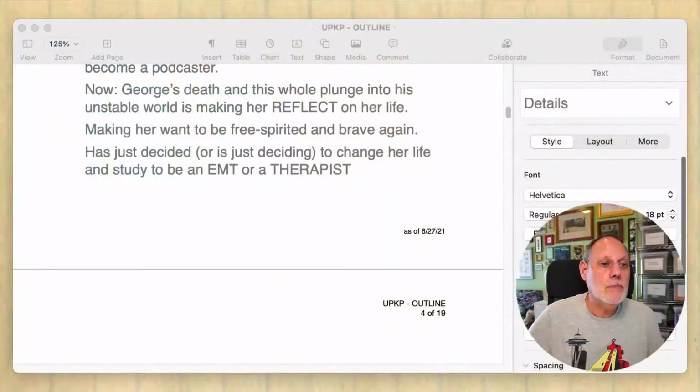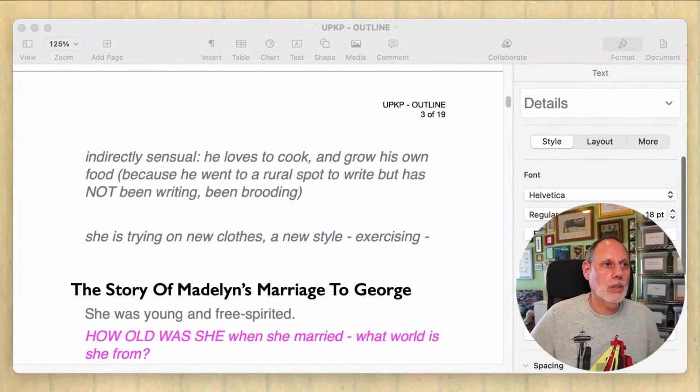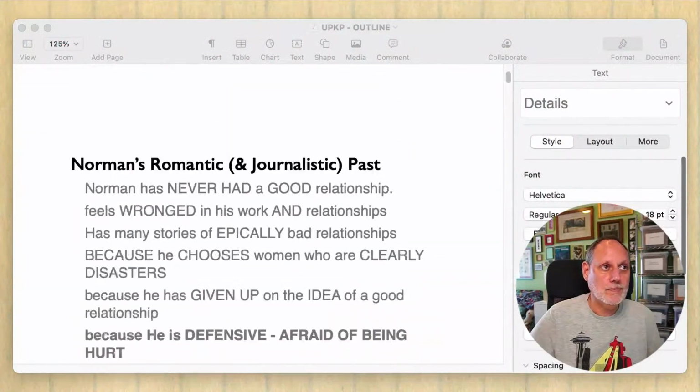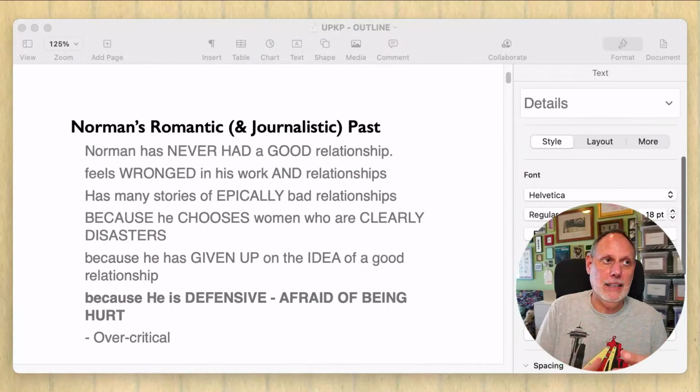Let's keep going with our work here on the characters, because I got that thing about Madeline, and then I said, okay, I did Madeline. Let me ask some questions about Norman, because I had certain things about Norman.